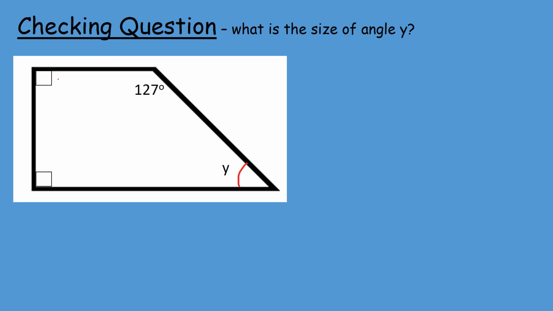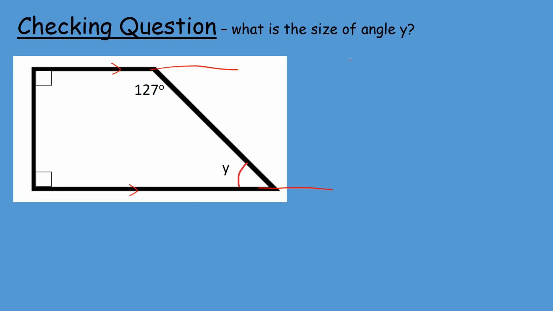Okay, so there's 2 ways we could do that. We could add up 127 plus 90 and 90, or we could recognize that these lines here, sorry, we carried them on, they would be parallel lines. So these 2 angles would add up to 180.